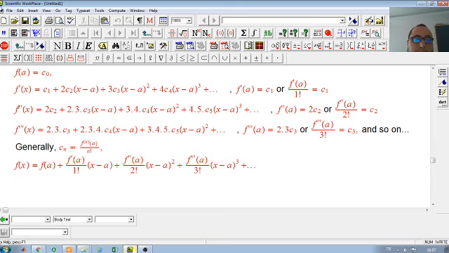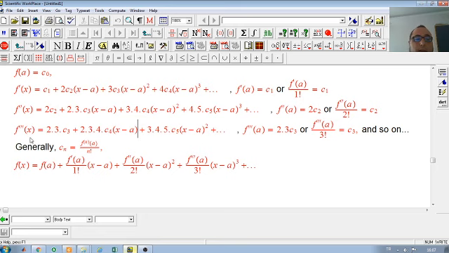And similarly, by taking the third derivative of the previous equality, the derivative of 2 times c2 is 0. The derivative of the next one is 2 times 3 times c3. The next one is 2 times 3 times 4 times c4 times x minus a, and so on.